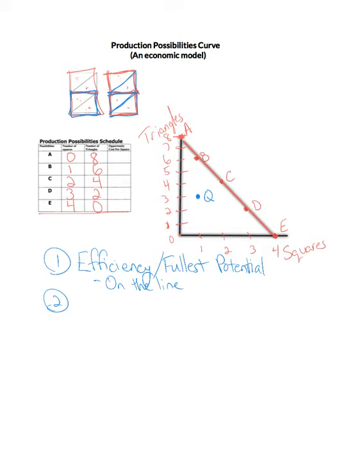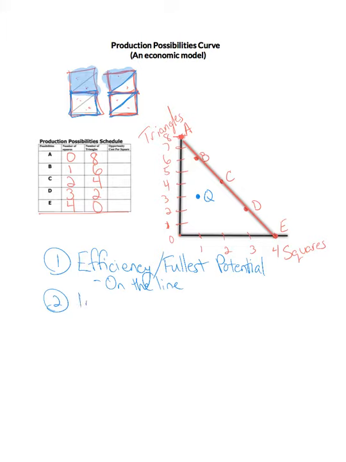The problem with that is that all the stuff I'm going to highlight here, I'm not using. I'm wasting that. So Q is possible, I could produce there, but it's not the best idea.